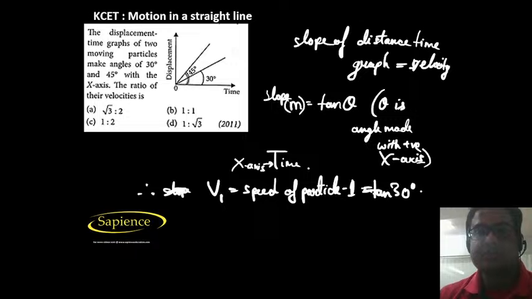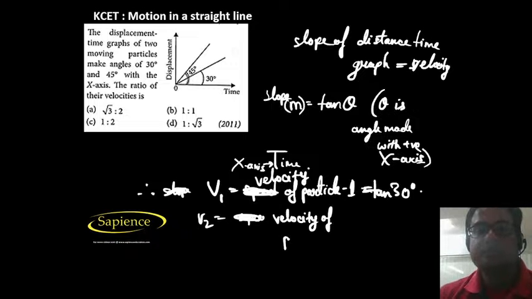So v1 will be tan 30 and v2 will be the speed, we are writing speed, but it should be velocity. So v1 is the velocity of particle 1 and v2 is the velocity of particle 2.